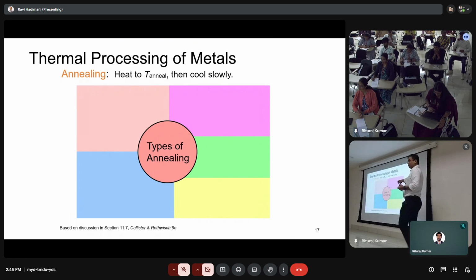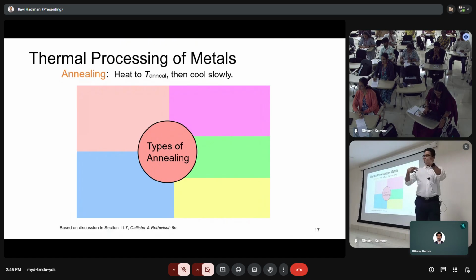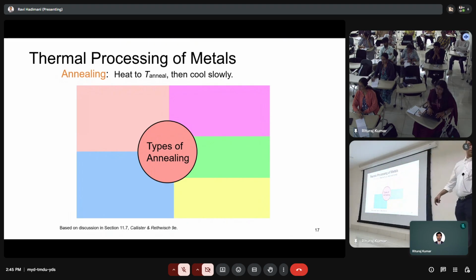So that's why when you increase the temperature, you're giving thermal energy and the dislocations move around. When a counterclockwise meets with a clockwise dislocation, they annihilate. Okay, that's how by annealing you are reducing the dislocation density.